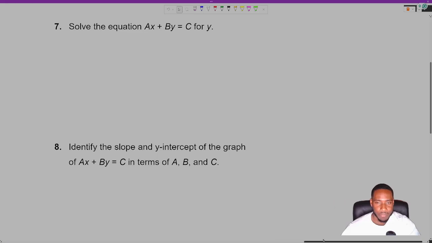Number 7. I'm going to give you some more time here to solve this equation. They say they want us to solve the equation ax plus by equals c, the standard form, for y. All right? So take a few minutes here, pause the video, and go ahead and give that a shot.